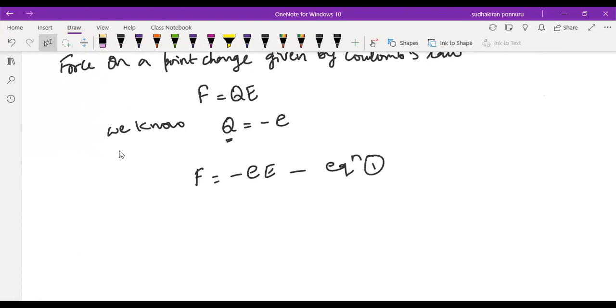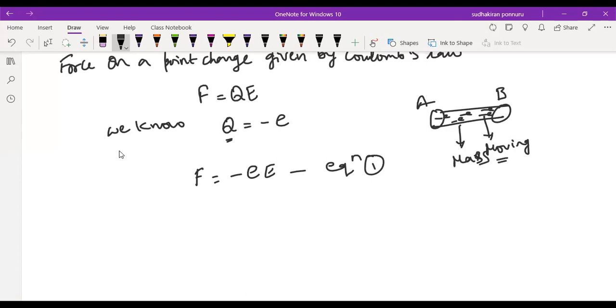Now, whenever you apply a potential difference between point A and point B, between the two ends of the conductor, these electrons flow. These are moving particles, and definitely each electron has some mass.